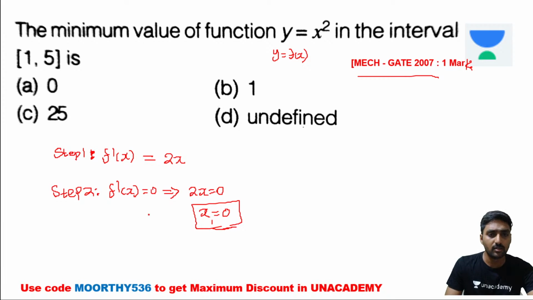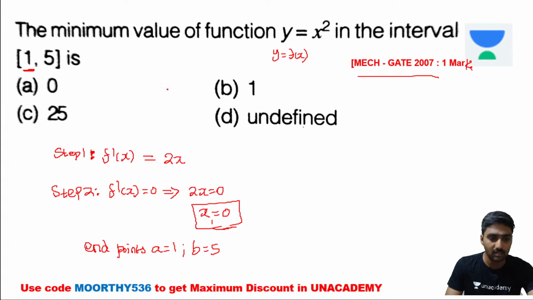Here you may make a mistake while substituting the a and b end points. Step 3, end points. Here end points are a is equal to 1, b is equal to 5. You may think that the minimum value is 0 since substituting x is equal to 0 gives 0.